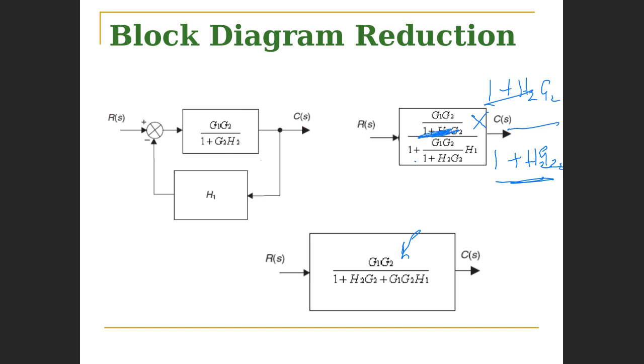Watch carefully. Multiplying this by 1 first gives us what? 1 plus h2g2. See it here? And when we multiply by the next term, there are two terms, and under this one's other term, when we multiply this expression by the second term, it cancels this part of it. What do we then end up with? G1, G2 times H1.